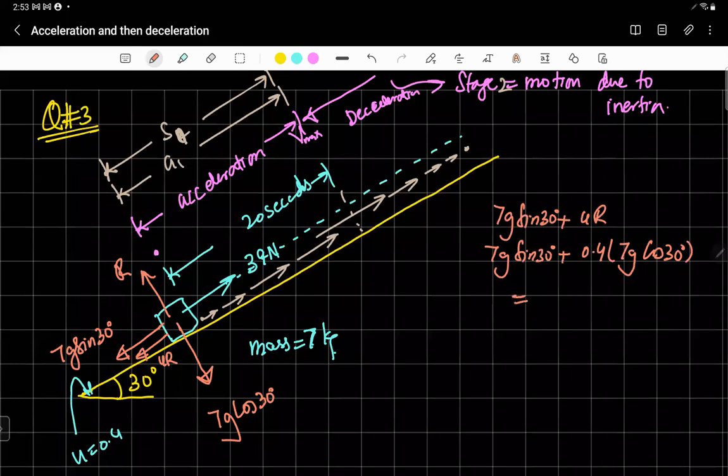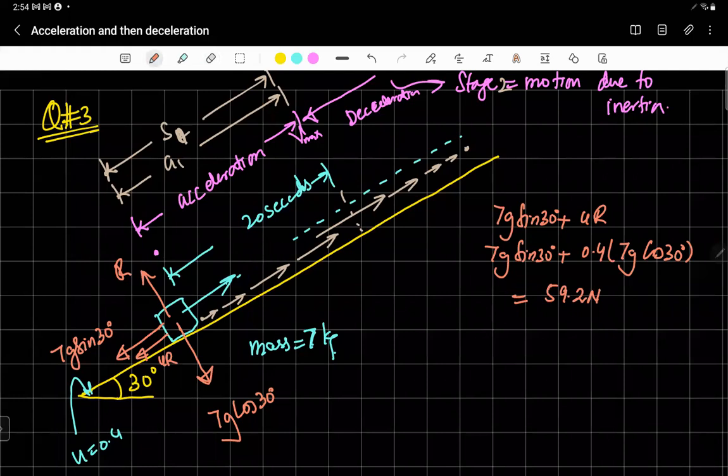Please do this calculation and let me know the answer. What is the answer of this value? 59.2. That means this 35 Newton will not help it to go up.